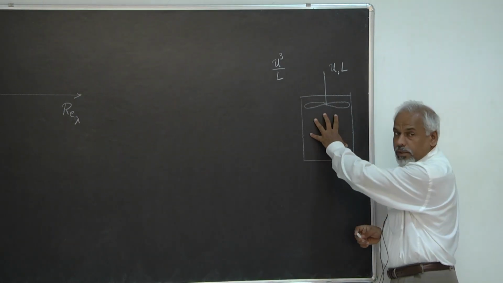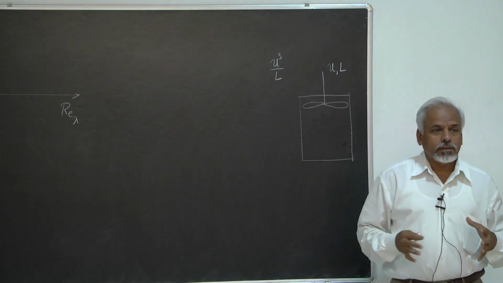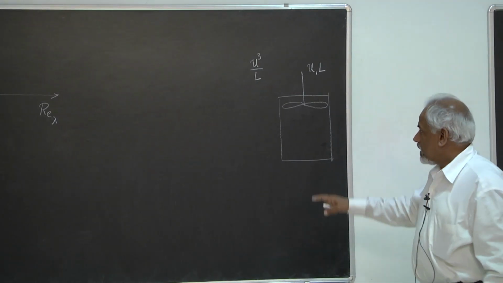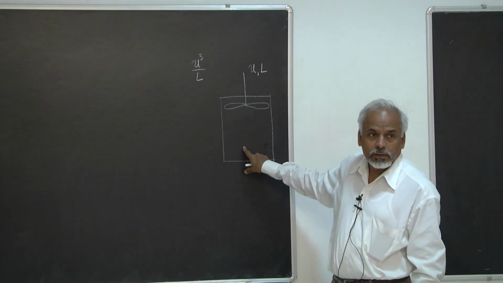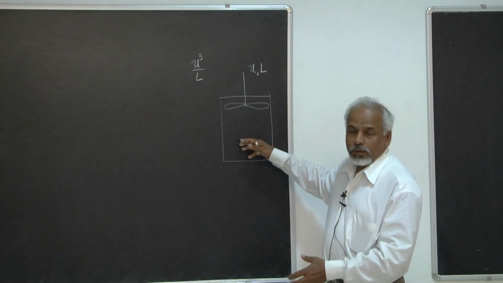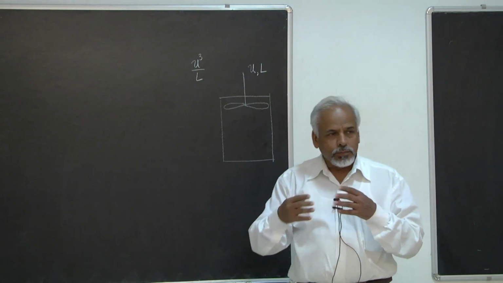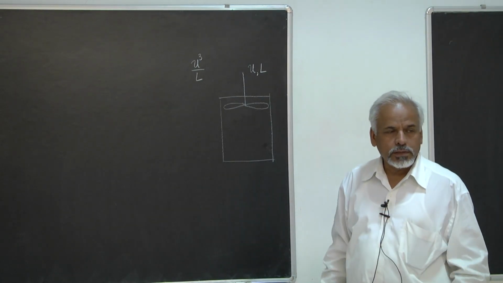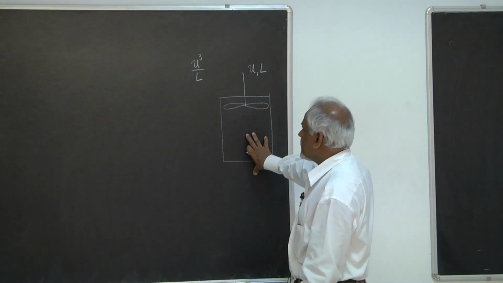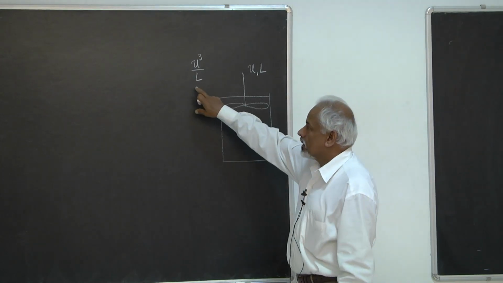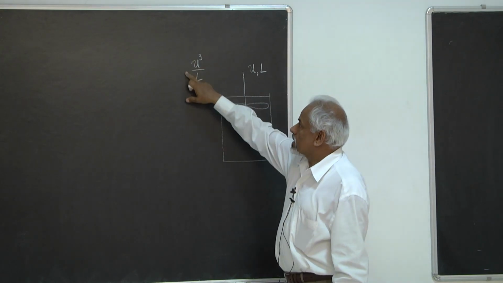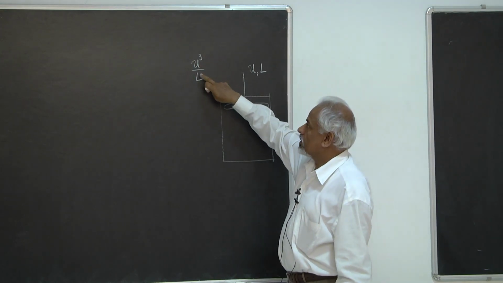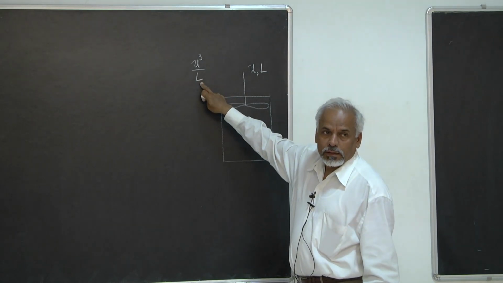Now, for this to be stationary, that is to say things are not changing with time, it's clear that the energy has to be taken out at the same rate, right? How it happens is by viscous action in the small scales that are created, but it has to happen like that. Therefore, epsilon, that is the energy dissipation, always scales on a large scale velocity and a large scale length.